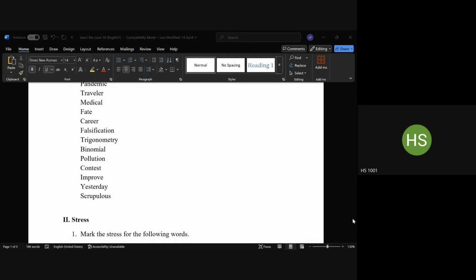Then the next one is pollution. Pollution has three. Correct. Contest, two. Improve, two. Yesterday, three.